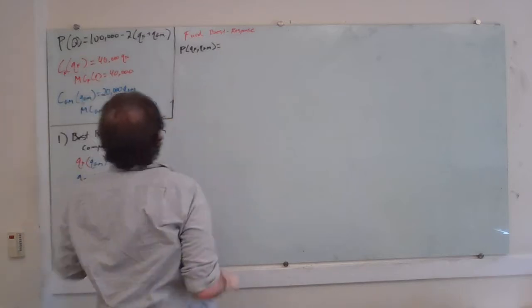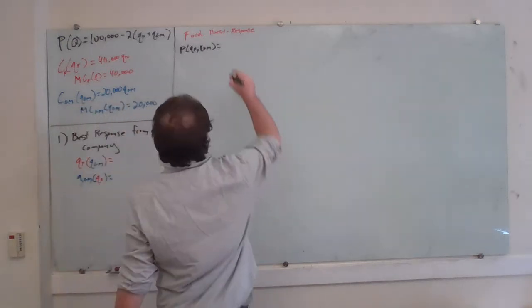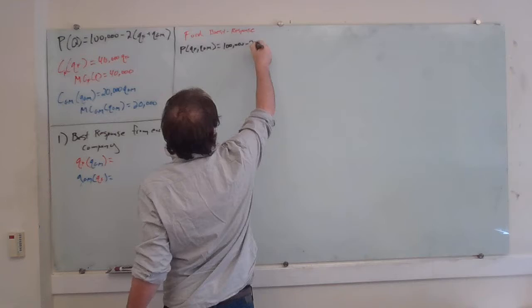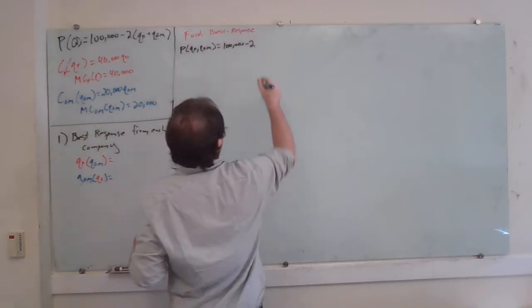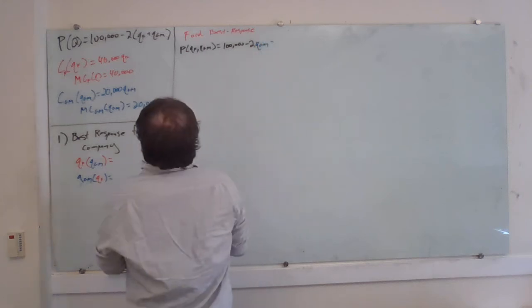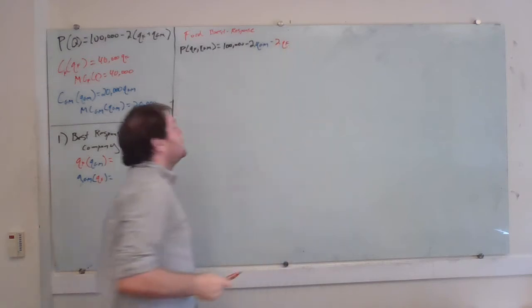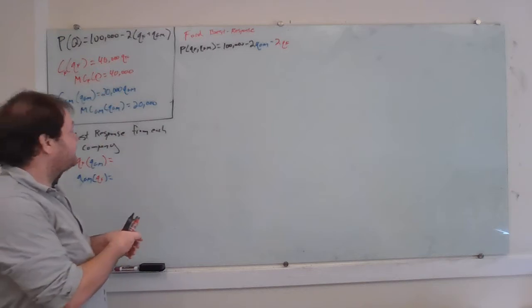I'm going to rewrite this so that it's clear that it's a function of QF, taking QGM as a given. This is going to be 100,000 minus 2 times QGM minus 2QF. Good? Okay, and then our marginal cost is going to be 40,000.